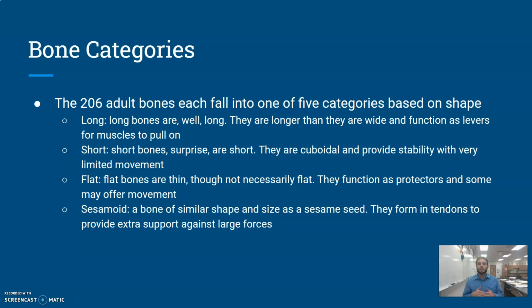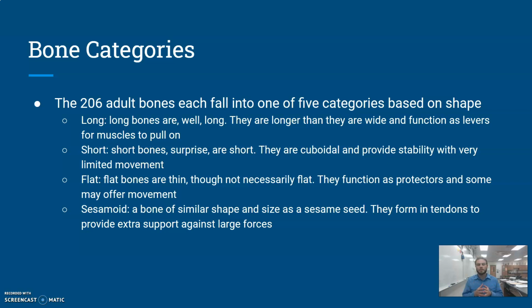They're going to form in tendons, and their job is just to be something solid in that tendon to absorb some of that shock, some of that wear and tear that tendon might otherwise have to go through. In that case, you might end up with tendinitis, you might tear a tendon, all sorts of different things. So those sesamoid bones provide a lot of extra support and a lot of extra protection.